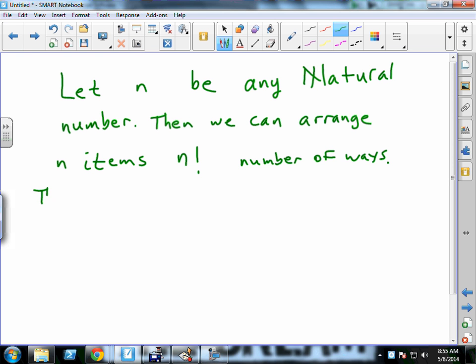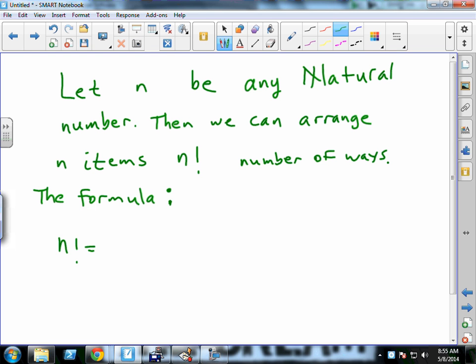The formula is as follows. N equals. Does anyone have any idea what N equals? N is any natural number. We can arrange n items in factorial number of ways.